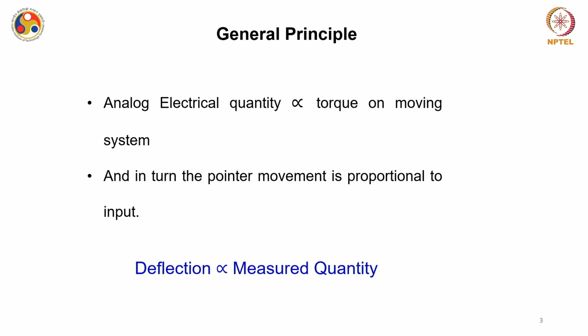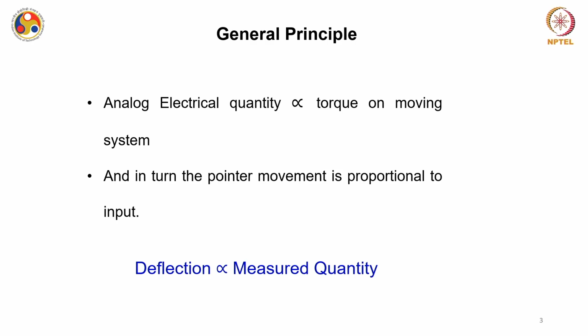depending on what tool we are discussing. Fine. So, the analog electrical quantity is directly proportional to the torque on the moving system. We will discuss different torques in this moving system of analog meters. And when this analog electrical quantity is directly proportional to the torque on the moving system, in turn the pointer movement is proportional to the input, as we have just seen.